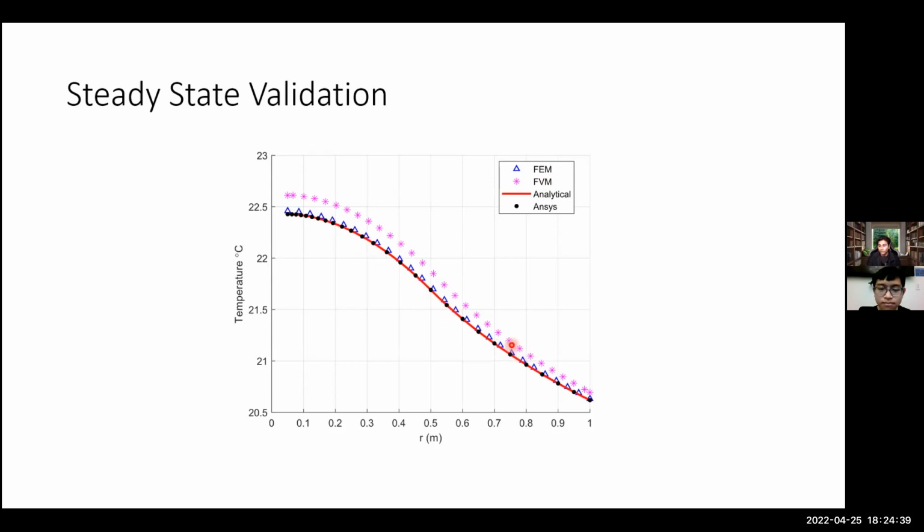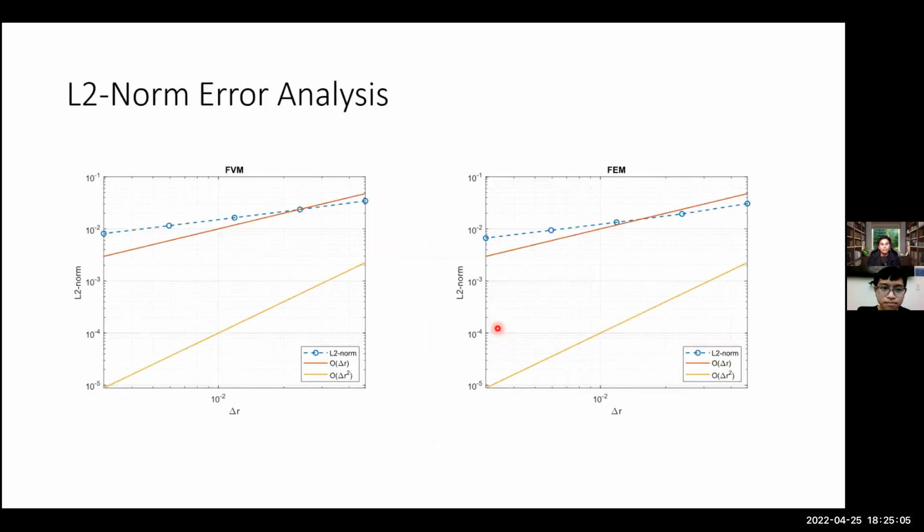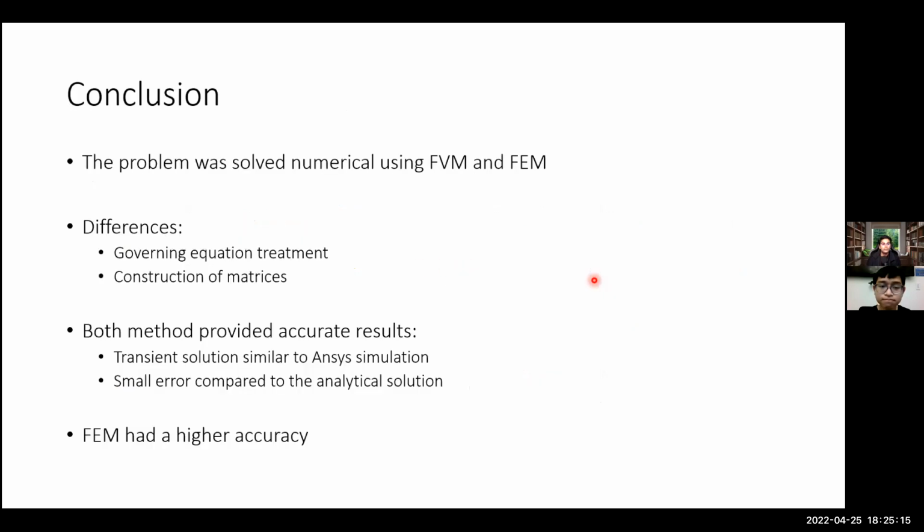For the finite volume, there is a discrepancy, and that's due to the model, because it's difficult to model the interface between the two domains, being the internal heat generation and the outer ring where the heat transfer occurs. But the discrepancy is only about 0.5%, which can still be considered accurate. And here we see that both the finite volume method and the finite element method have first order accuracy. This is just to see that visually as well.